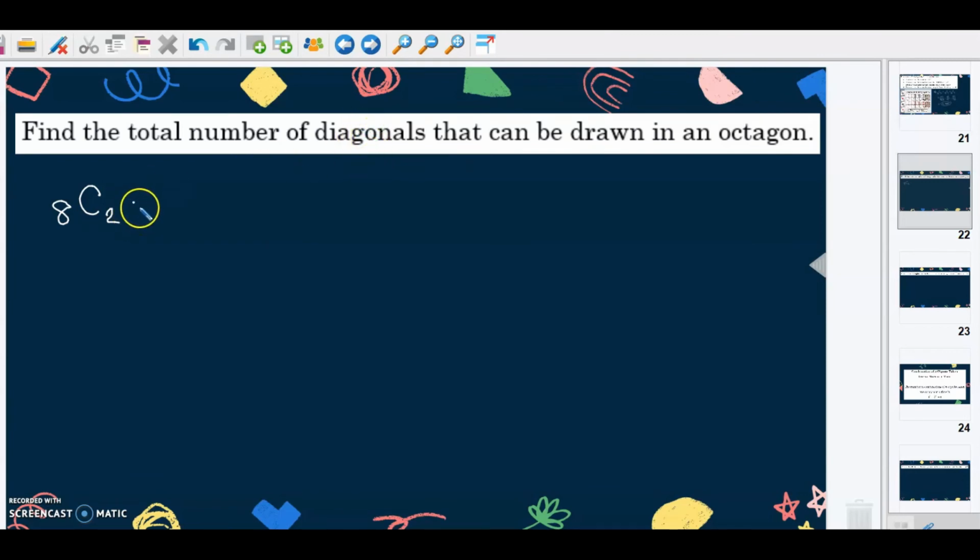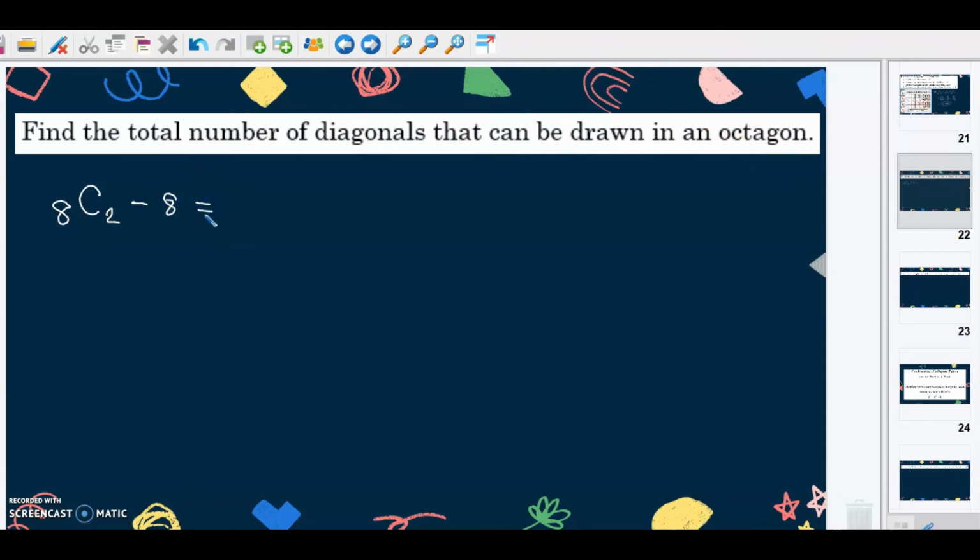So that means we need to subtract the number of sides, because if we consider the combination of 8 taken 2, that means we're also counting the sides of the octagon. Since we're just looking for the number of diagonals, we're going to subtract the number of sides of an octagon, which is 8.